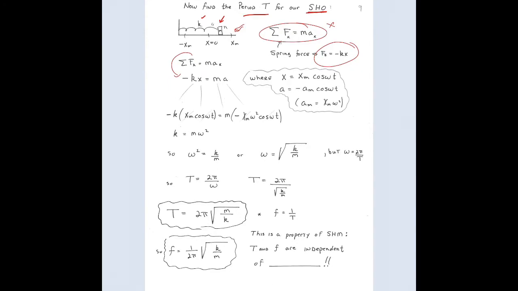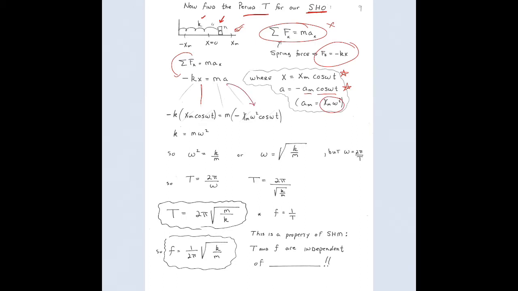We just went through the analysis where we had position as a function of time, and we found the velocity and the acceleration as functions of time. So for the position, I'm going to put in what x is, and for the acceleration, I'm going to put in our last result: the acceleration was minus a max cosine, where a max was x max omega squared.